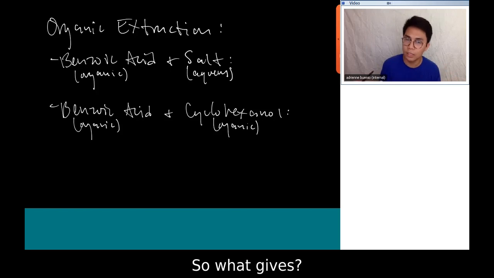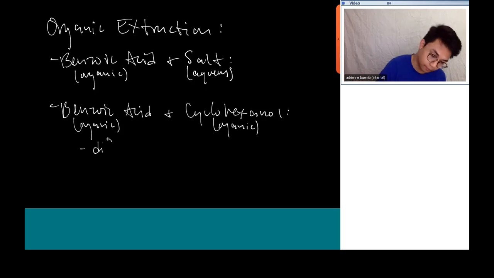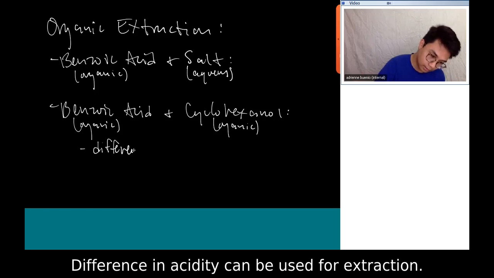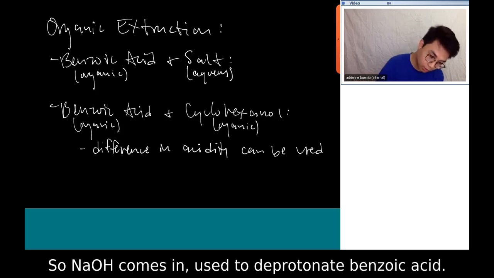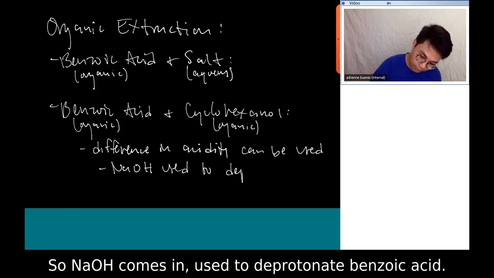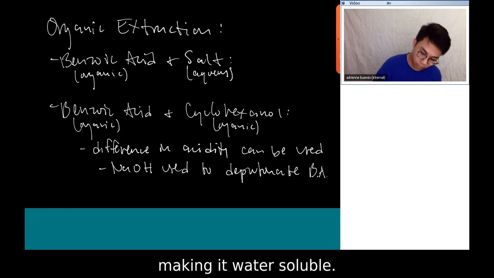So what gives? What do we need to do? In this case, the difference in acidity can be used for extraction. So NaOH comes in, used to deprotonate benzoic acid, right? So I'm going to put benzoic acid here, Ba for benzoic acid, making it water soluble.